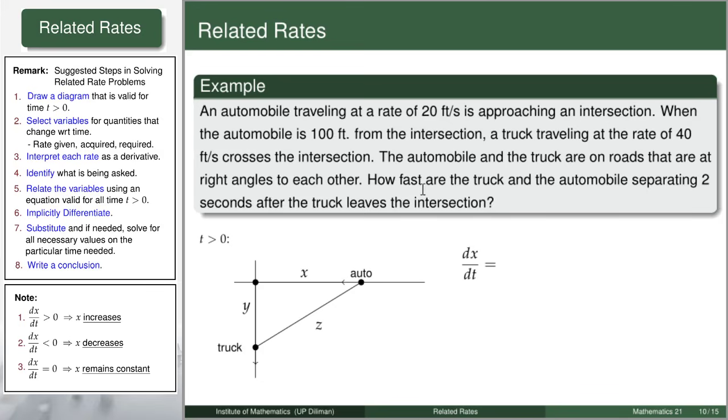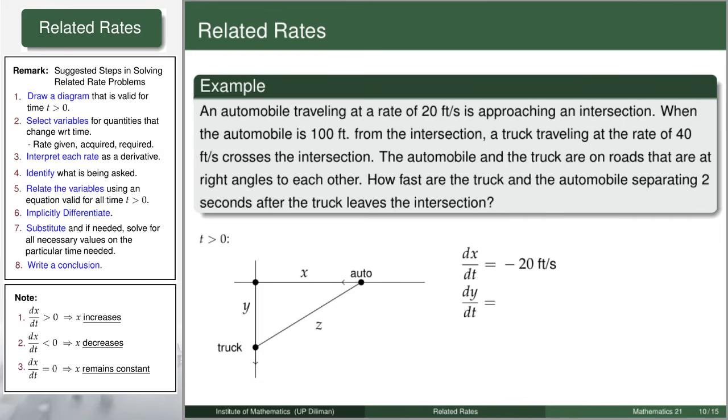Clearly, dx over dt will be 20 for the numerical value, but for the sign, we go back to how we determine it. When the automobile approaches the intersection, the x increases, decreases, or remains constant? The answer is decreases. So that means dx over dt will be negative 20 feet per second.